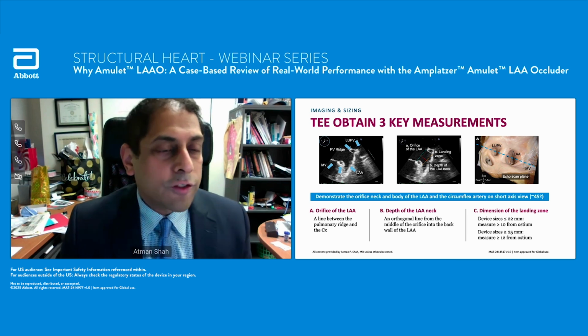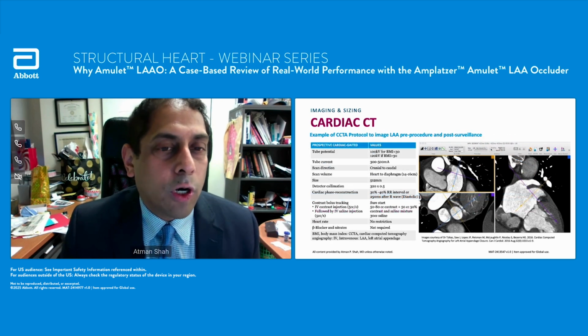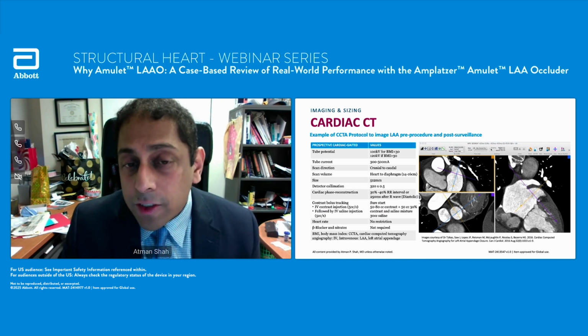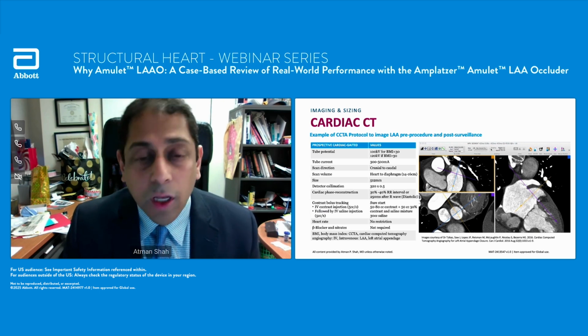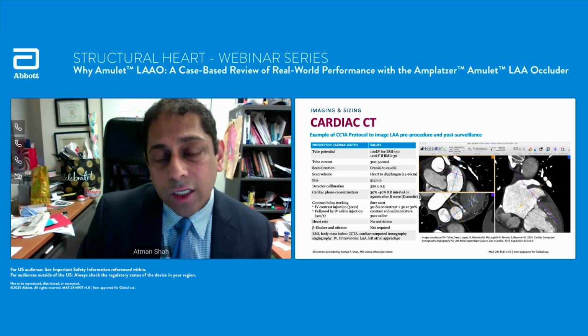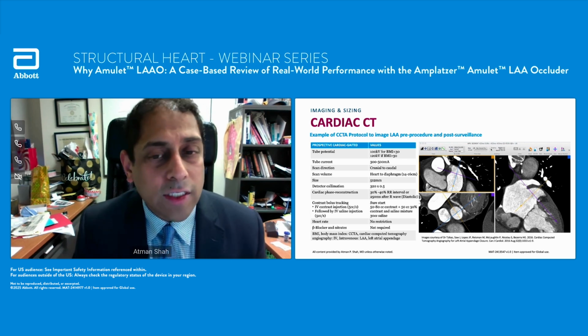Now, I want to start off into my case because it becomes very, very important to decide how we're going to attack these patients. Now, all these patients have a left atrial appendage that's completely different. What I like to do, and what I think is very, very helpful, is not rely on TEE, at least up front, but to rely on CT scanning.